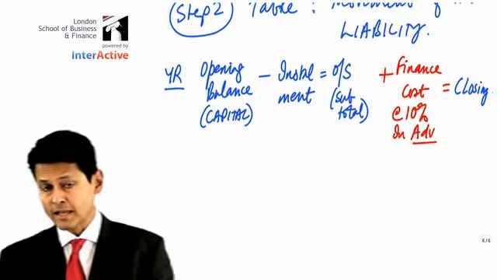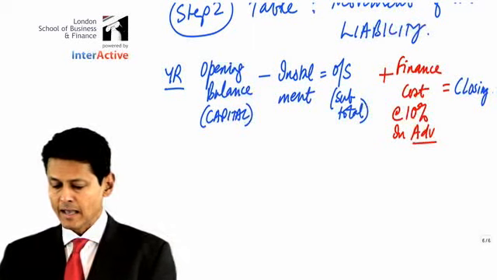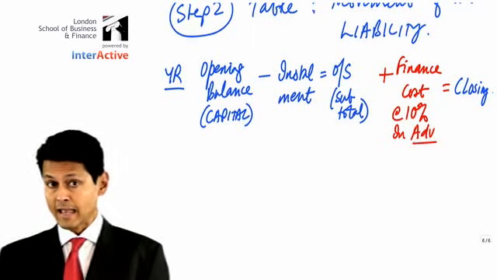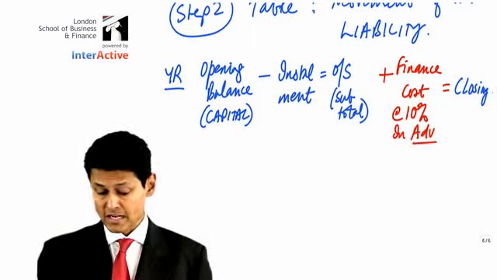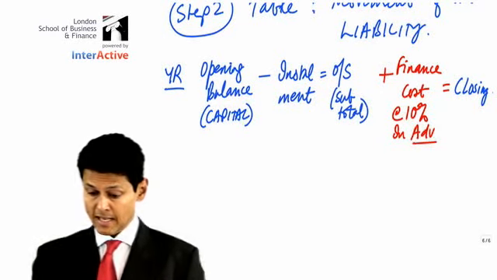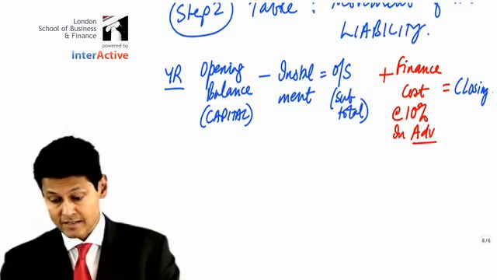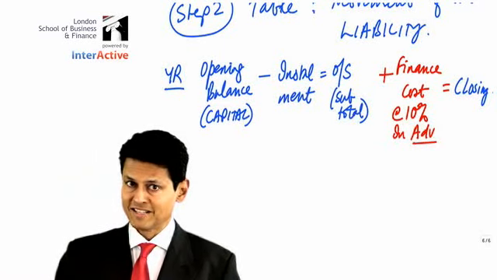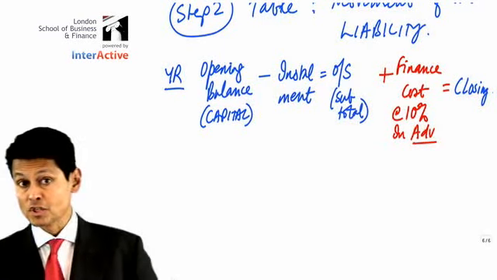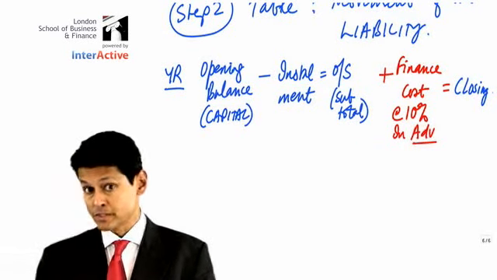Quite important to see the difference between in advance and in arrears. Obviously, if it's in arrears, the installment is paid right at the end of the year. If it's in advance, the installment is paid at the start of the year. And hence the installment column slightly changes position.